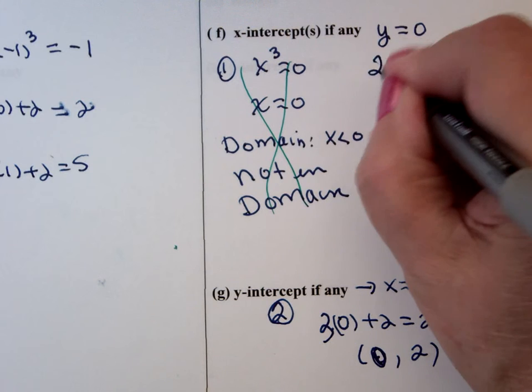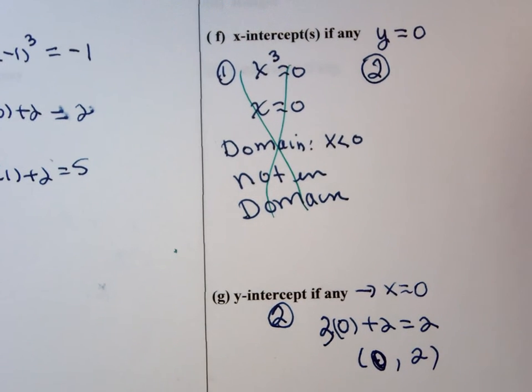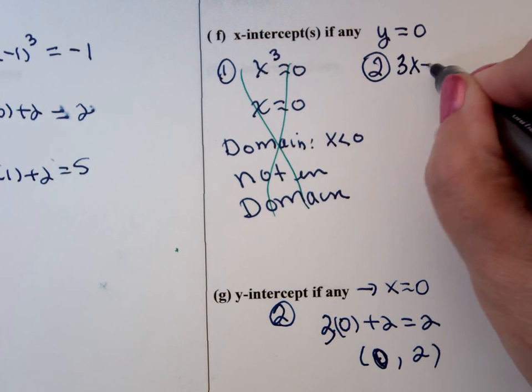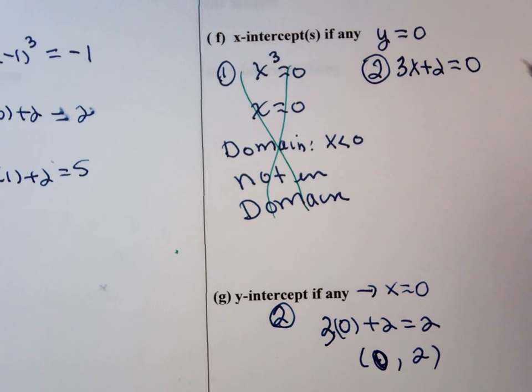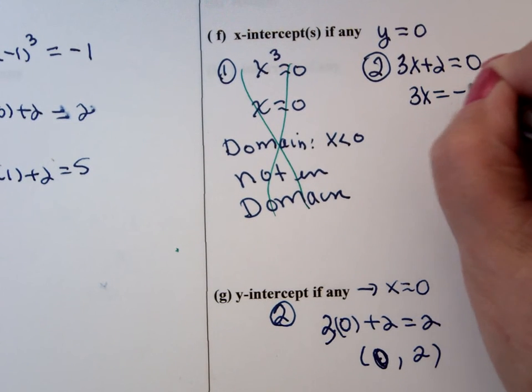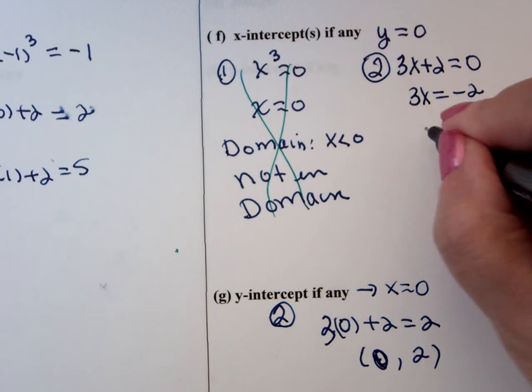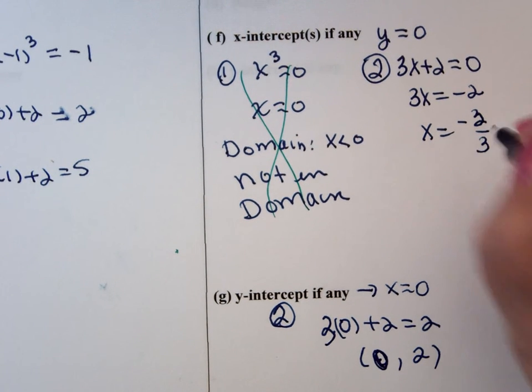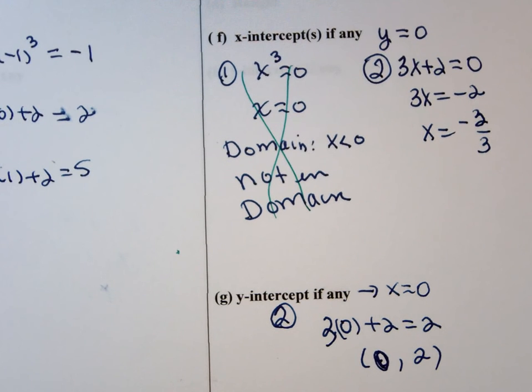Well, let's see, graph 2. Do we have any x-intercepts at all? This says y is 0. 3x plus 2 equals 0. 3x equals negative 2. x is negative 2/3. Is negative 2/3 in the world of graph 2?